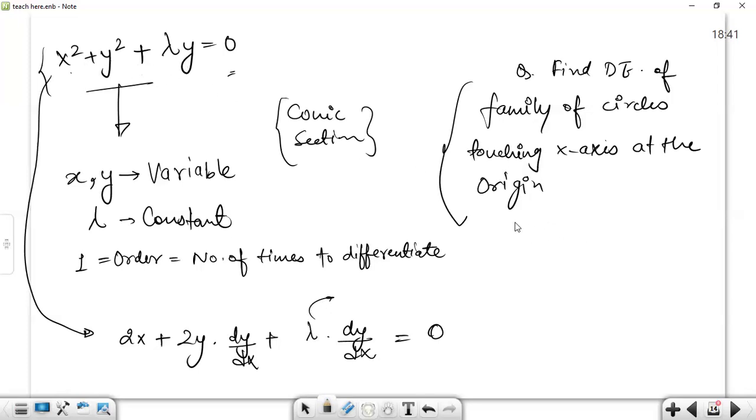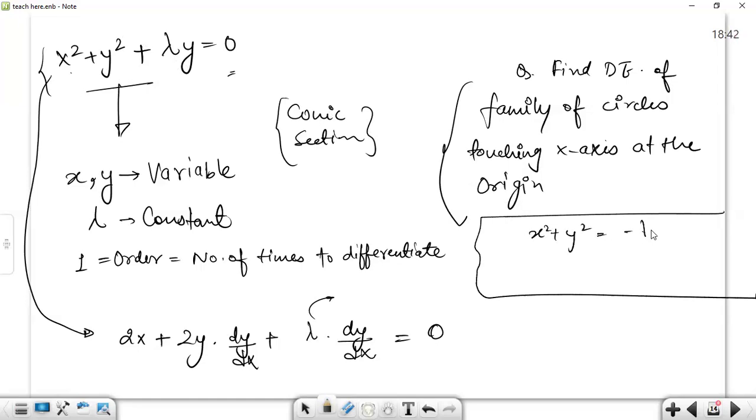So simplifying the equation, x square plus y square is equal to minus lambda y.